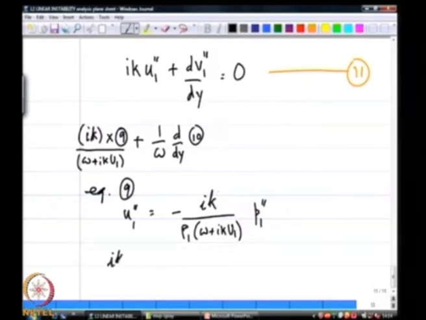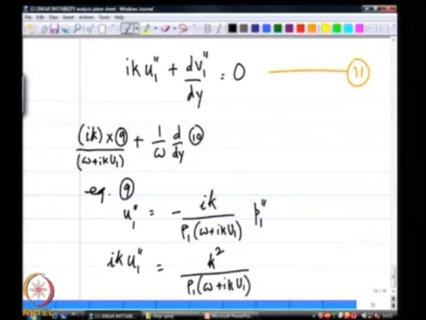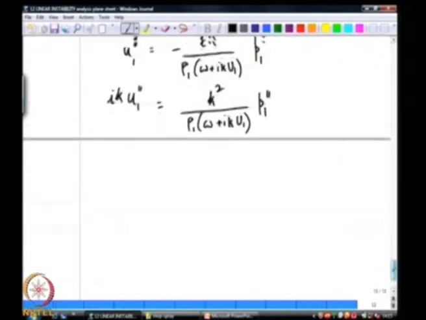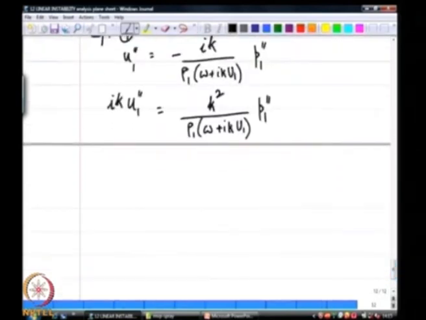So, I k u 1 double prime, you have I k times I k, that is minus k squared, but with the other negative sign this becomes k squared over rho 1. I will call this equation 12.